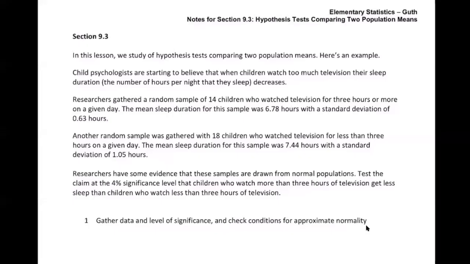There we go. Okay, so we've got another example in section 9.2. Let's go ahead and read this. It says researchers wanted to compare the proportion of females who are left-handed to the proportion of males who are left-handed. The researchers randomly selected 815 females and 575 males. They observed that 66 of the females and 60 of the males were left-handed. We will test the claim that the proportion of females who are left-handed is lower than the proportion of males who are left-handed.